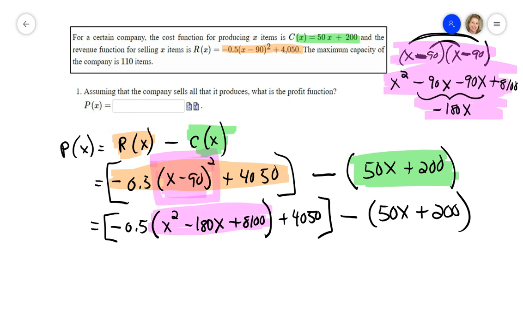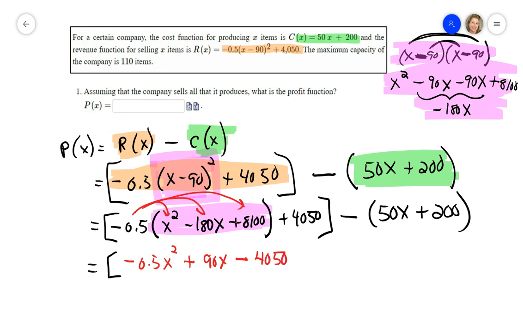Now I'm going to distribute the negative 0.5. So this is going to be a negative 0.5x squared. A negative times a negative is a positive, and half of 180 is 90x. A negative times a positive is a negative, and half of 8100 is 4050.